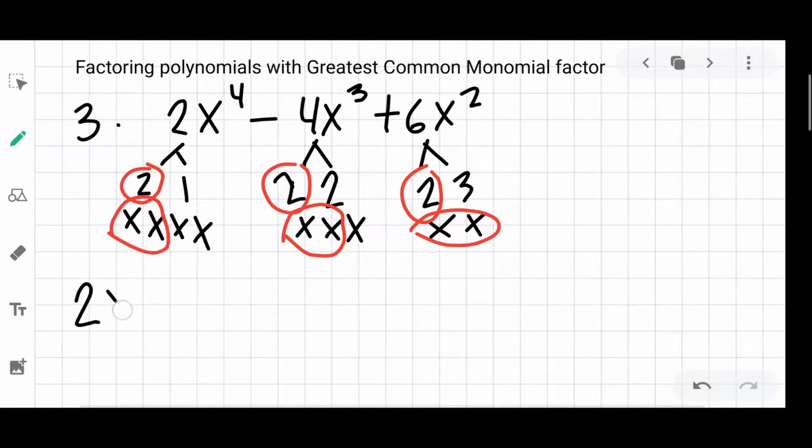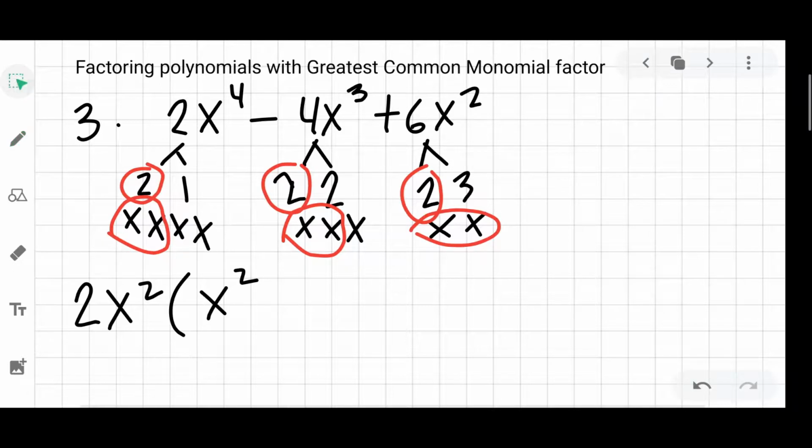We have 2x squared. Bakit x squared? Kasi dalawa yung x. So ano yung naiwan na factors sa 2x raised to 4? Ang naiwan na lang sa kanya, 1 at saka x squared. So, hindi na natin kailangang isulat yung 1 kasi automatic, meron na tong numerical coefficient na 1.